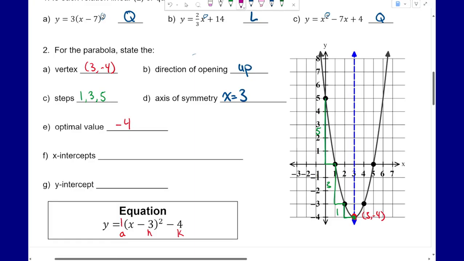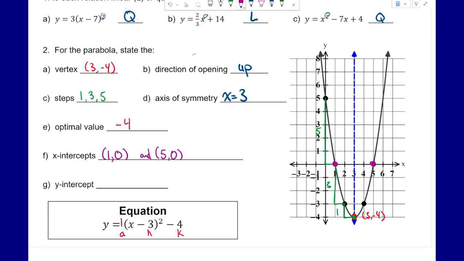Our x-intercepts, where it crosses the x-axis. I can see the x-axis here. So where it crosses here, or where it touches, and here. So the two x-intercepts are going to be 1, 0, and 5, 0.